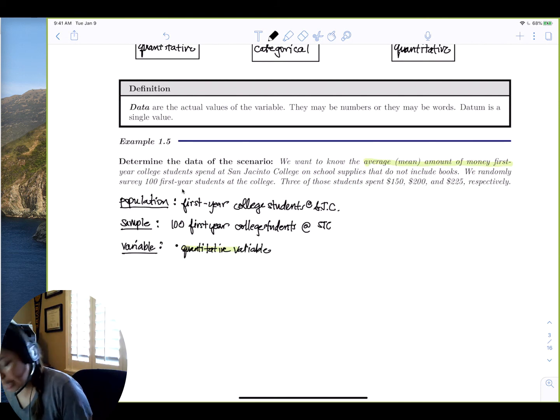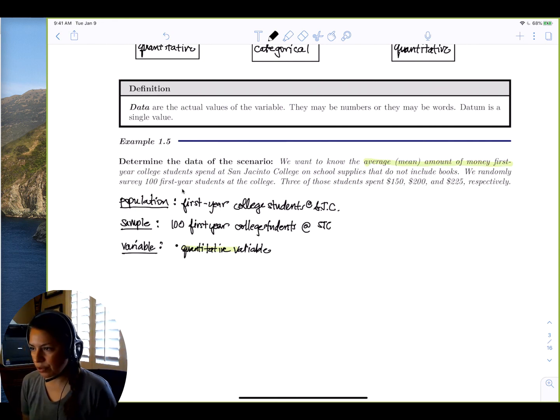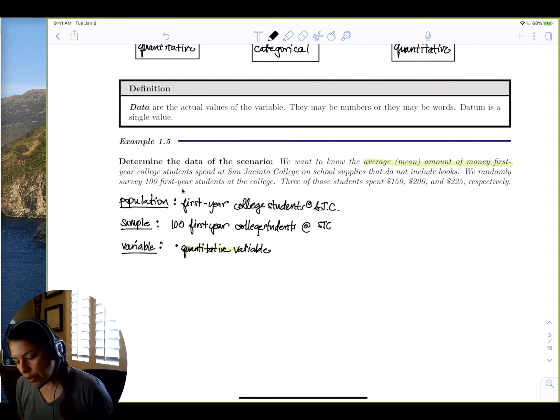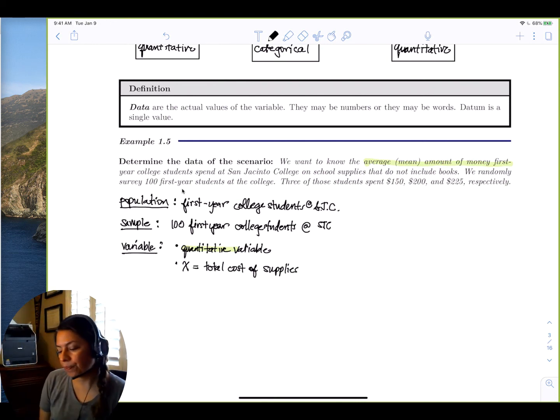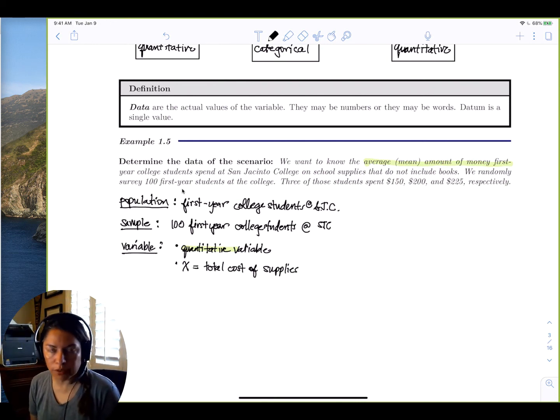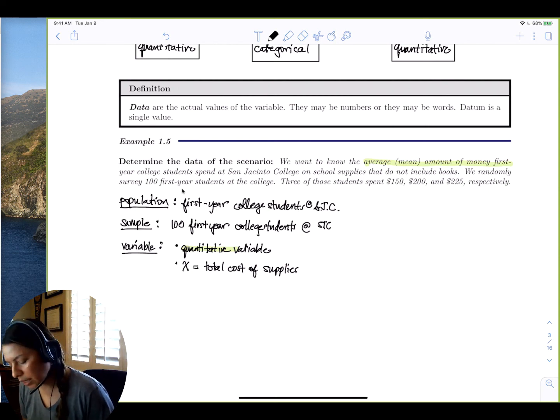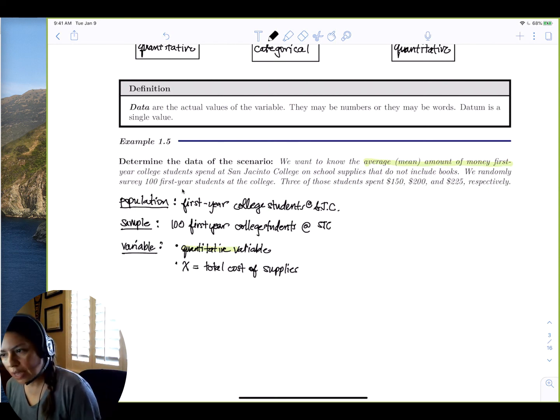Because we can find the average amount that students spend, right? So the variable itself is quantitative and it's going to be the total cost of supplies for those students at SJC, the first year students, right? Okay. And then what is the data?